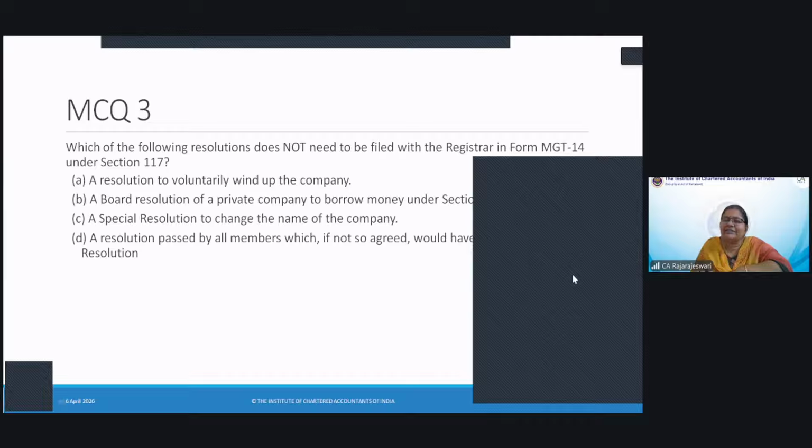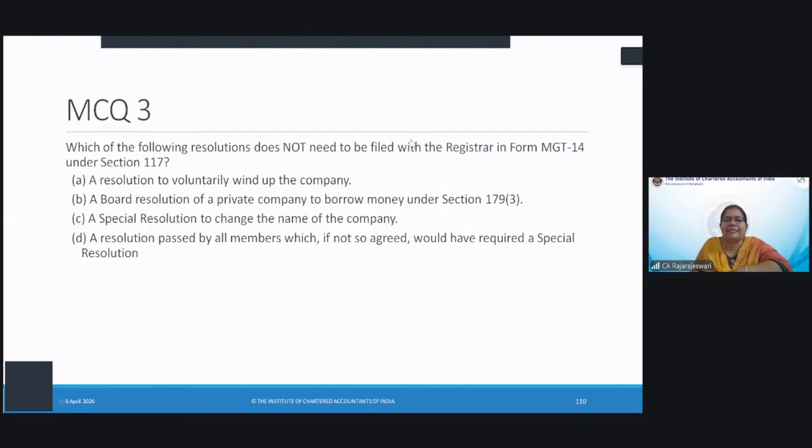See, for the third MCQ, read the question carefully.